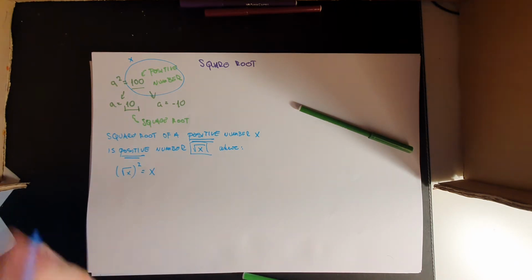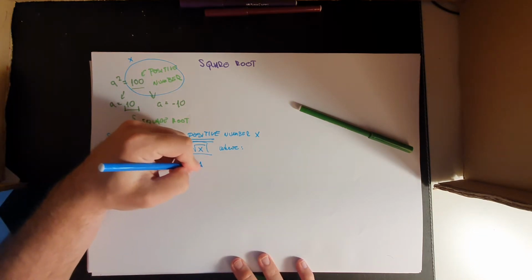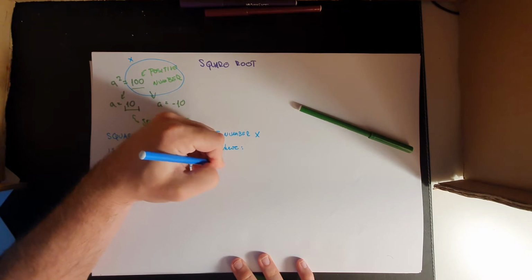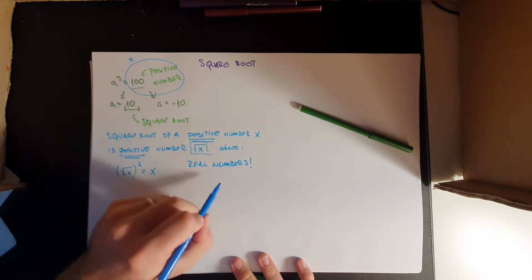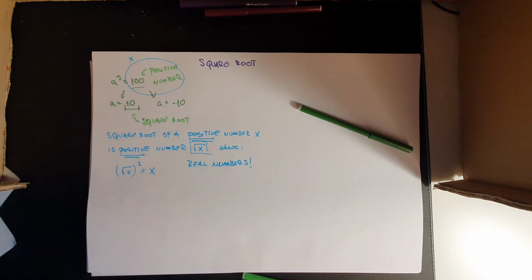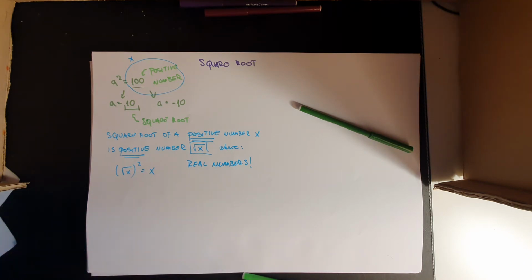Now, when we talk about all of this, we're talking about real numbers. Only in real numbers this applies. Now, of course, in the second lesson today, we're going to expand the whole thing from real numbers into a new set, which we also have to apply the root to. But at the moment, I'm just looking at the square root for real numbers, and this is its definition.